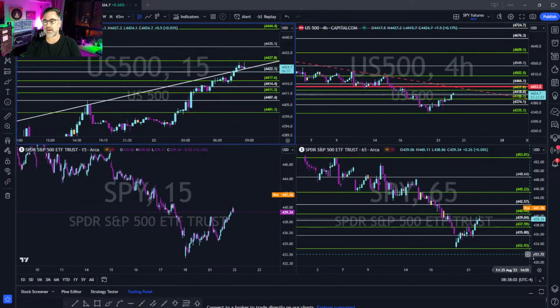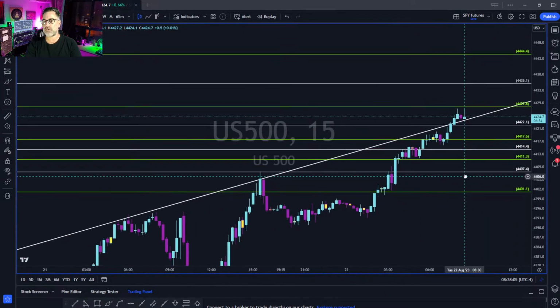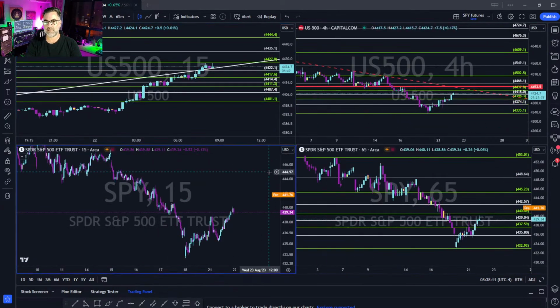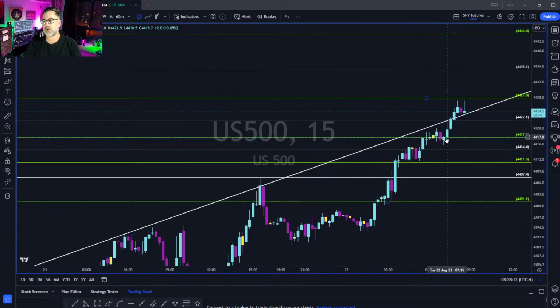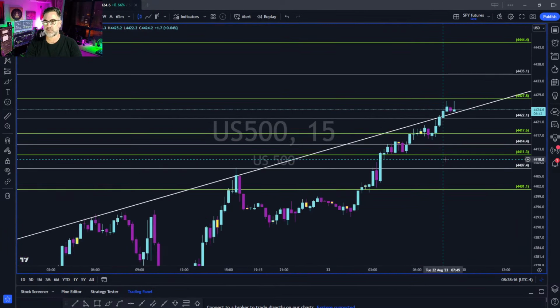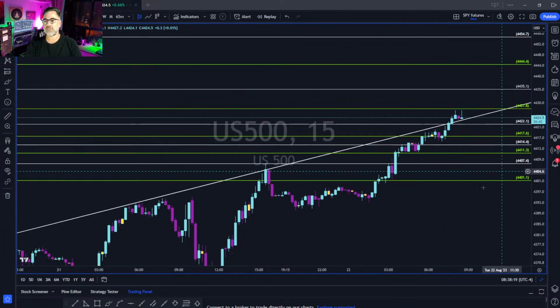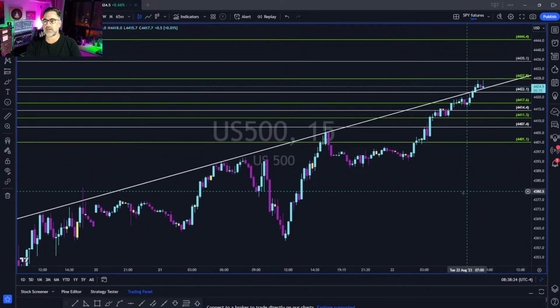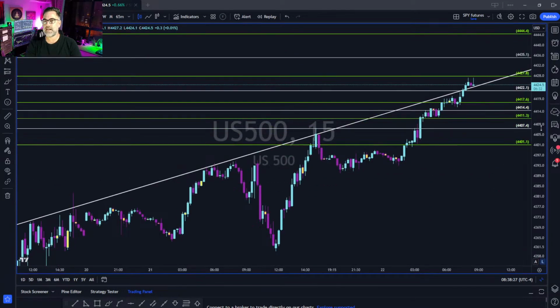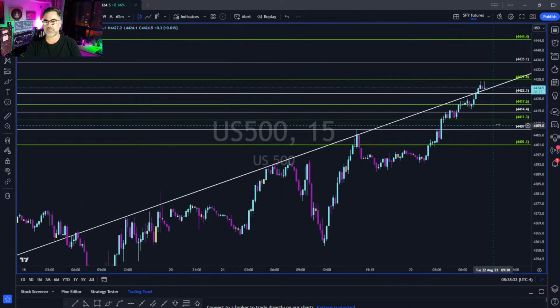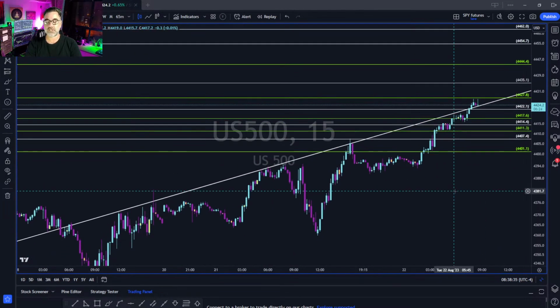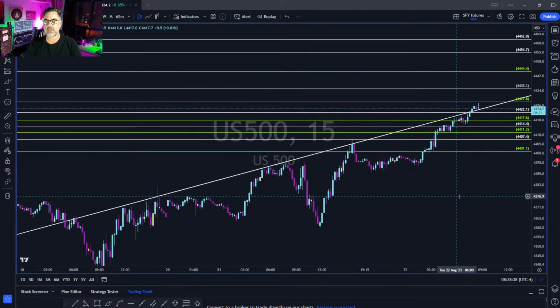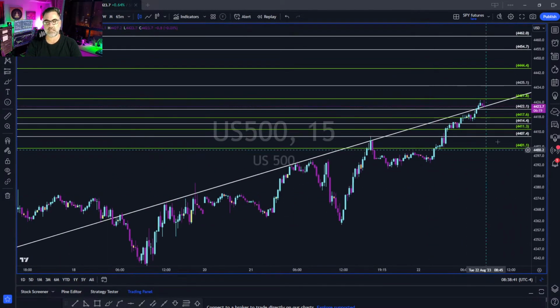Then, once the trade session has started, I'm following both futures 15 minutes and the SPY. Why do I watch them both? First and foremost, most importantly, on the futures we have no gaps. So I can follow a very clear, very clean price action on the 15 minutes, and it's only useful if you are day trading. If you are not day trading, any time frame less than the 4 hours is not relevant for you.